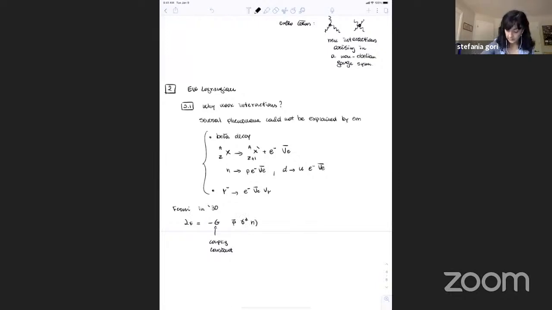Here is a proton and a neutron, and then you have here an electron and the neutrino. So you see that this is a sort of 4 fermion operator.